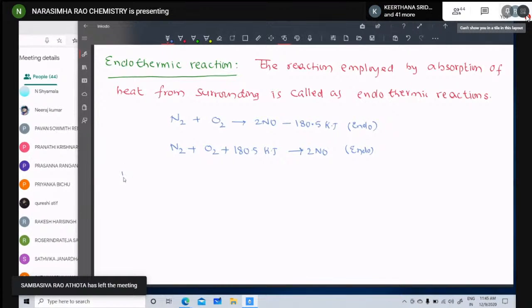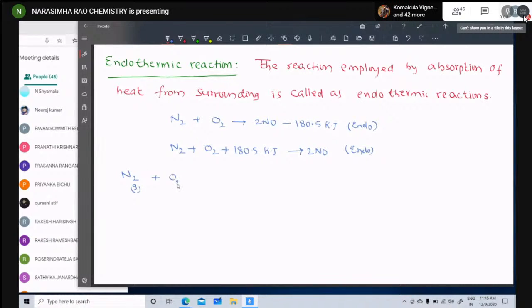Now finally, nitrogen in gaseous state and oxygen in gaseous state give 2NO, also in gaseous state. For this process, delta H, since energy is absorbed, must be signed positive, that is 180.5 kilojoules.